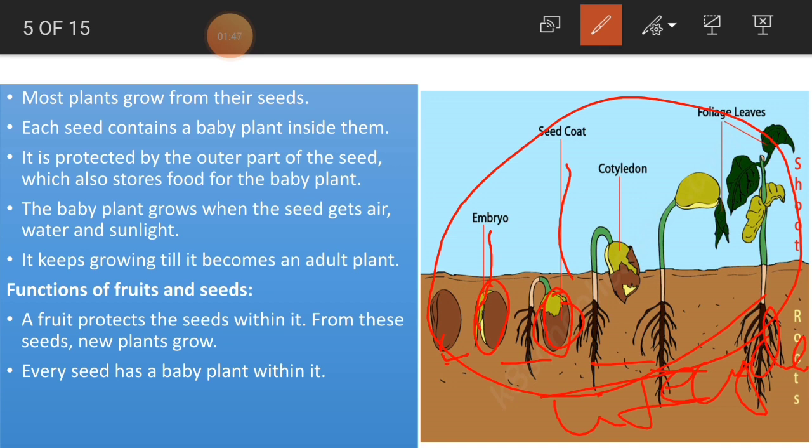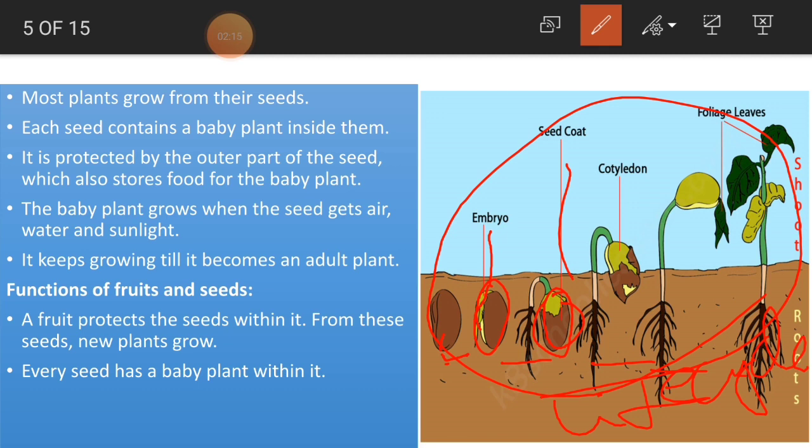And so what is the function of fruits and seeds? A fruit protects the seeds within it. From these seeds new plants grow. So the fruits, as we said, papaya, pomegranate and all that, protect the seeds inside them. And from those seeds, what happens?